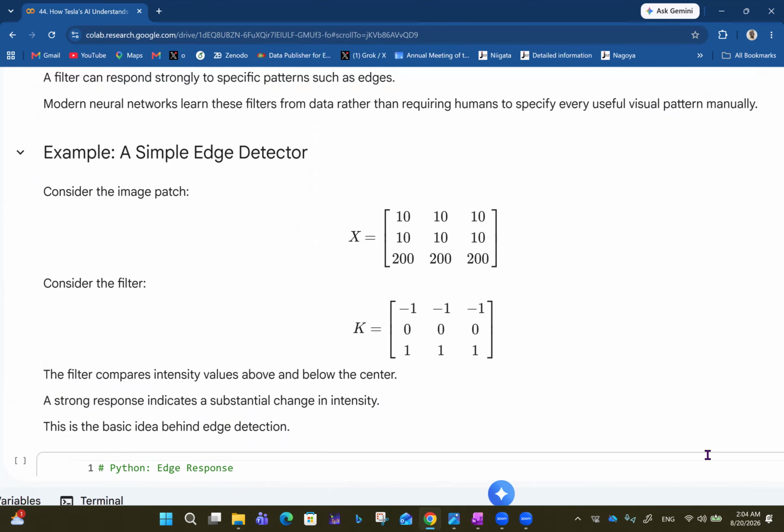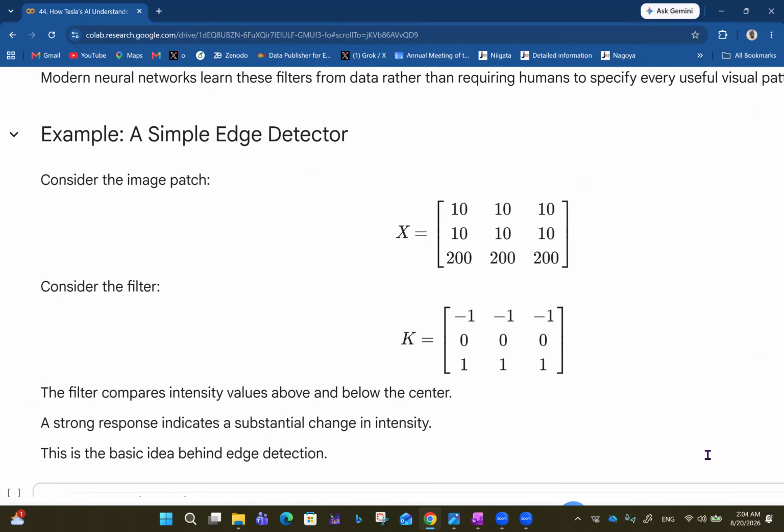Consider a simple edge detector, for instance. Consider the image patch where X has rows of 10, 10, 10, then 200, 200, 200. In one of the previous videos we talked about how particular filters can recognize horizontal objects, and some recognize vertical objects. So consider this filter.